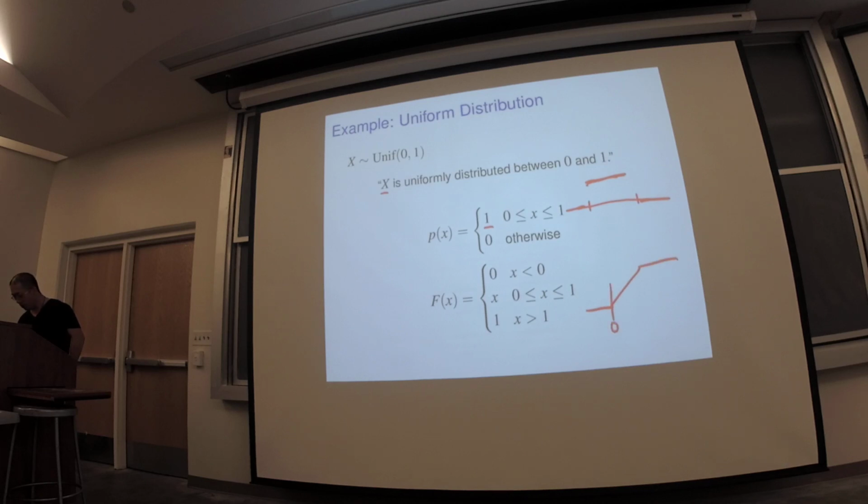Because before 0, you have no density accumulated, so it's 0. And then from 0 to 1, when you're doing the integration, you get this linear function curve. And after 1, you have integrated out all the density, so you end up with 1 and just keep it at 1. So you can see this is right continuous.